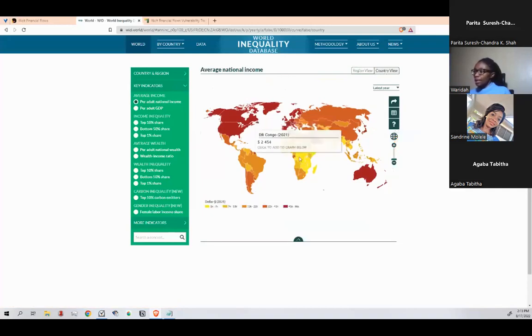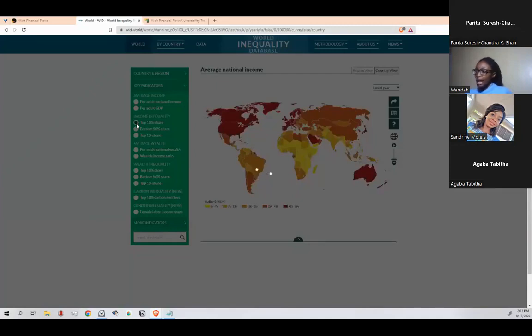And of course, you can look at how the country has been affected by average income per adult to national income. So, of course, again, we can see how bold some of the countries are when it comes to the national income average. And of course, as we look at the income inequality, we can see how different regions are again impacted differently.